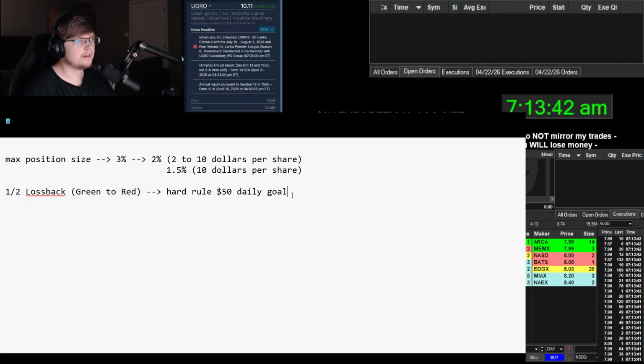During a hot market, if my daily goal is $200, I lose half that back and go down to $100, and that's where you stop. So half of 50, half of 200, cold market, hot market.